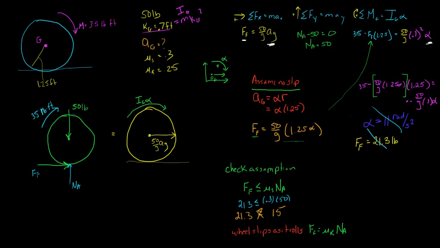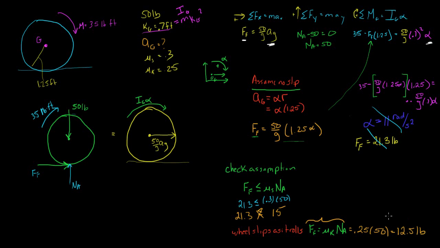Since that assumption is not true, we can use this expression for our frictional force. And so now our frictional force is equal to 0.25 times 50, which is 12.5 pounds.